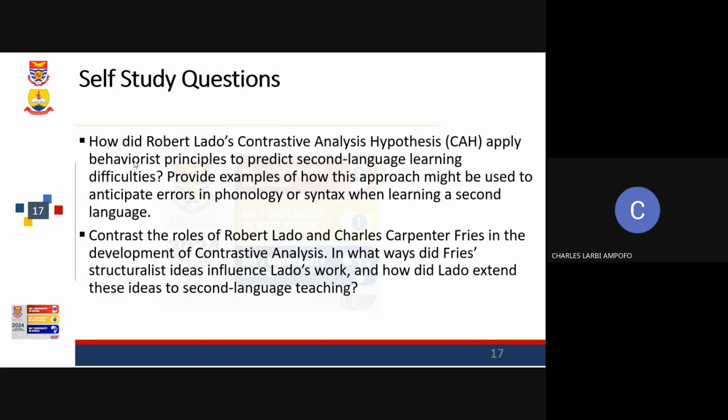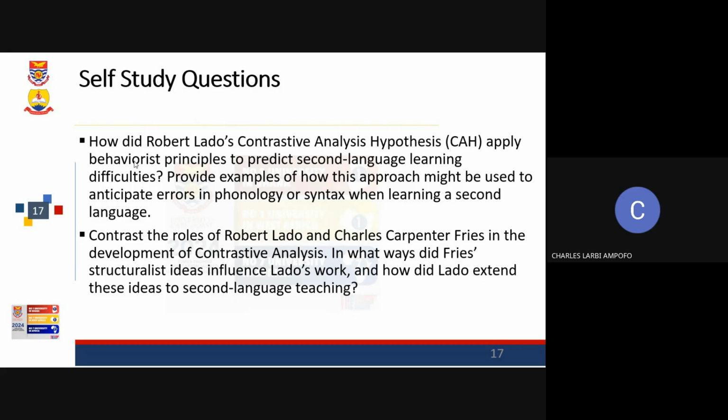And it is founded on two theories: structural linguistics, or structuralism, and behaviorism. Contrastive analysis finds its strength from these two theories. In terms of behaviorism, they view language learning as habit formation. And in terms of structuralism, they say that if you want to teach language, compare the structures of the two languages, that's the L1 and the L2.